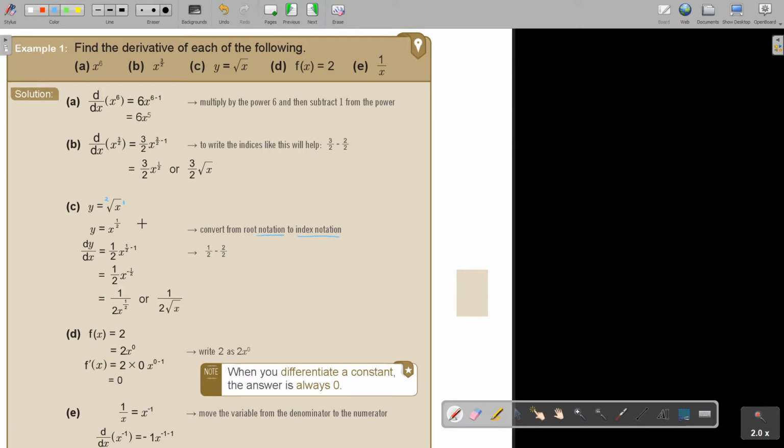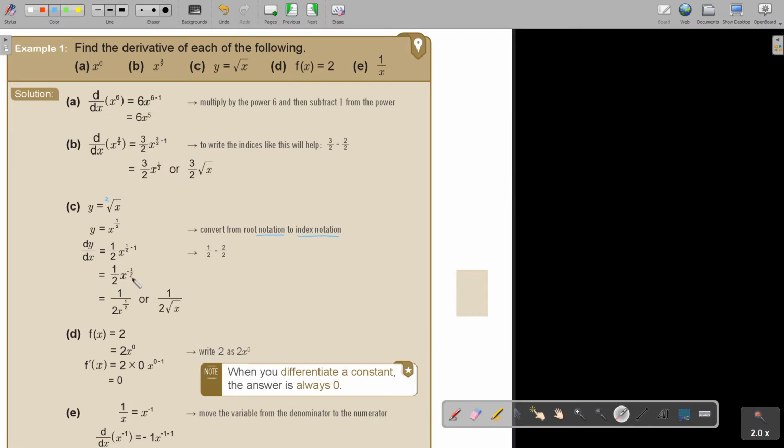So I did not differentiate yet. Now I'm going to differentiate. So dy by dx, and now take the exponent, the index, multiplied by the coefficient, which is 1, and I get a half, and then subtract 2 over 2. That's basically what I did there. Then I get negative a half.